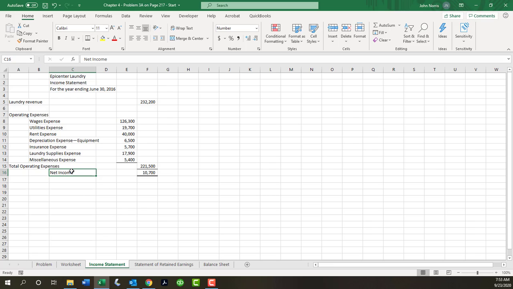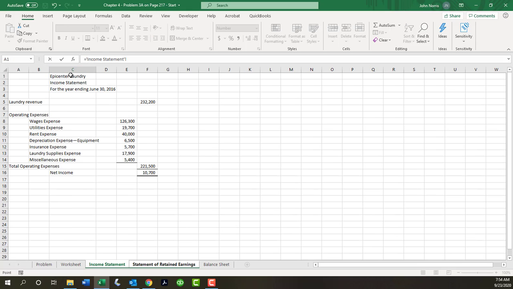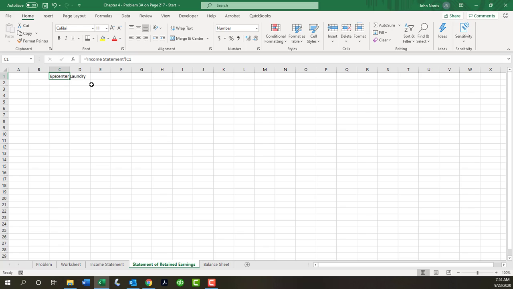Statement of retained earnings. We have the same name of the company, same for the period ending. And this is the statement of retained earnings.